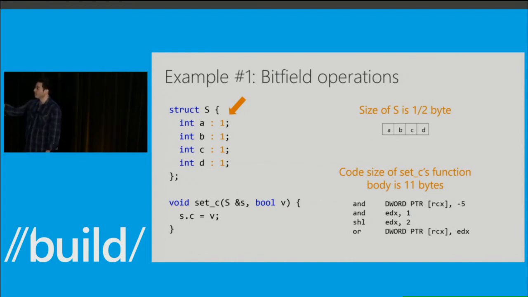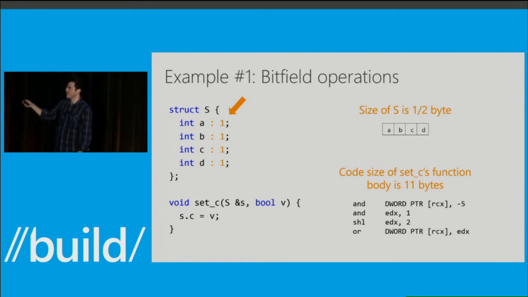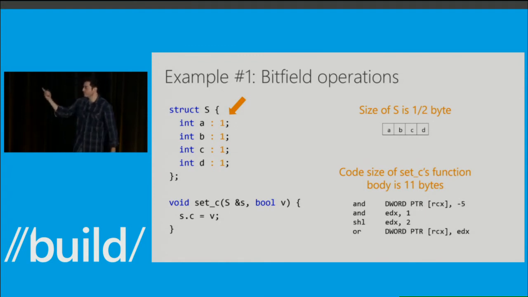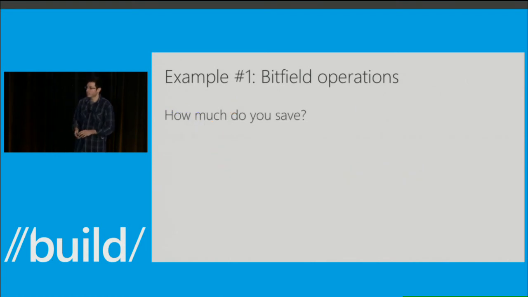So in this case, we have to mask off this C element of the S, which is stored in RCX, and then we shift what comes in the D register in EDX, and then we store that into memory, and it's 11 bytes. The code size is 11 bytes. So you have to ask yourself, how much are you really saving by changing your data type here, especially going to bitfields specifically?